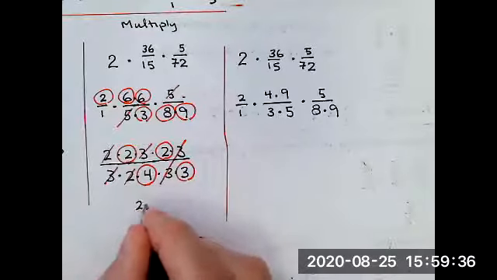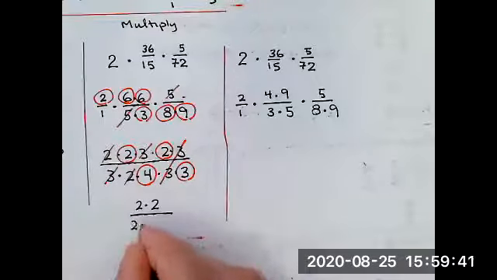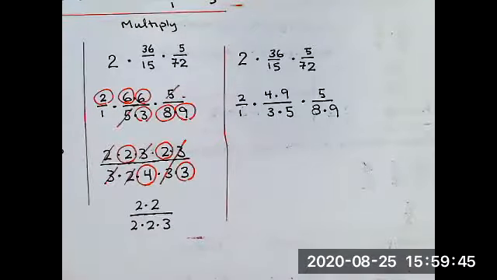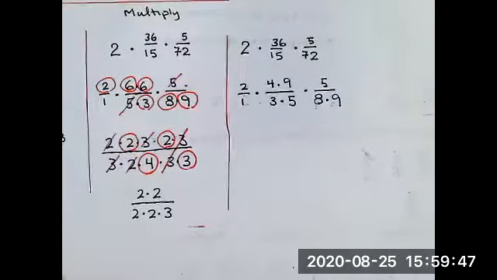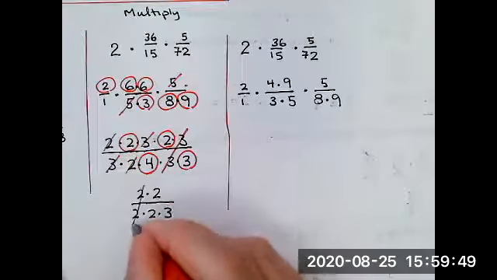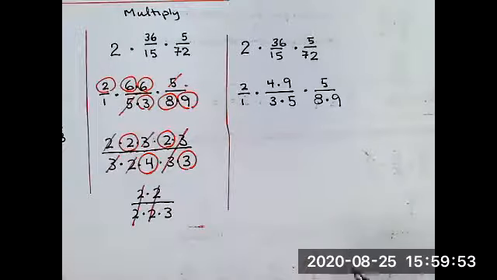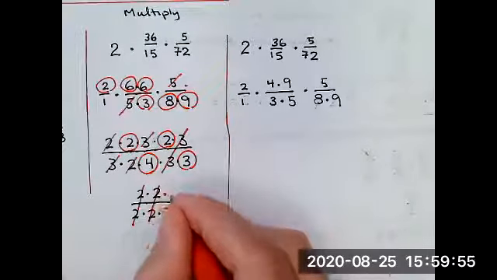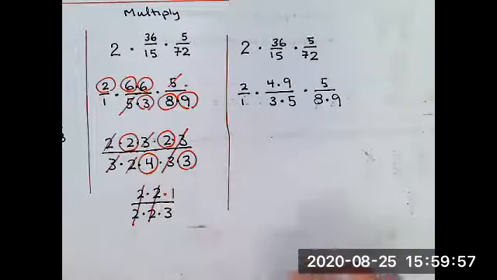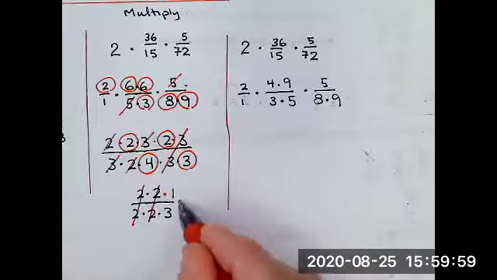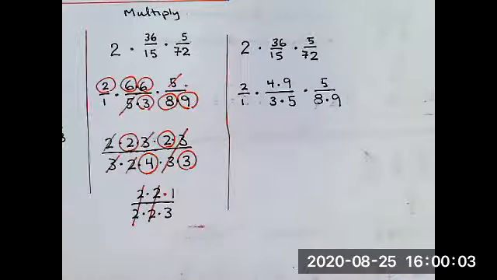So 2 times 2 over 2 times 2 times 3. 2 over 2 equals 1. 2 over 2 equals 1. You can imagine there's a times 1 here to remind you that if everything cancels in the numerator, you still have a 1 in the numerator.